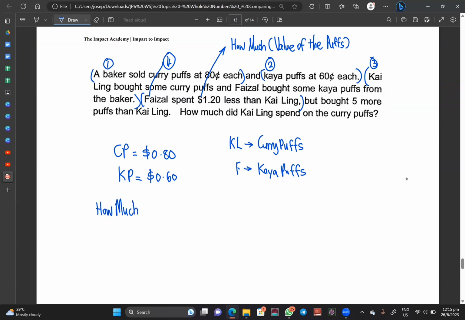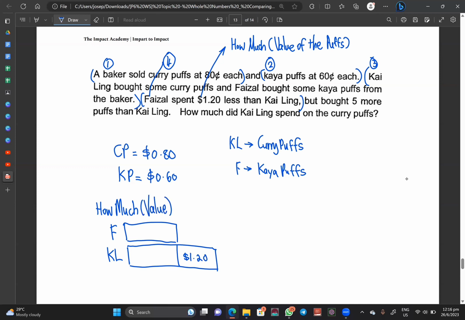Same thing, I'm going to put Faisal and then after that I'm going to put KL, and show that Faisal spent $1.20 less than Kai Ling. So Kai Ling will be way more than Faisal by how much? $1.20. So this is how much. Some of you, if you prefer to write value, go ahead. Whatever helps you to understand it well. Once you're done with this, you can move on to the next part.